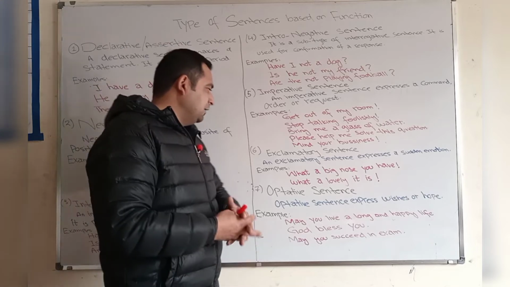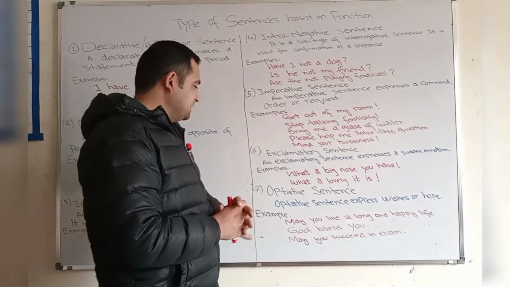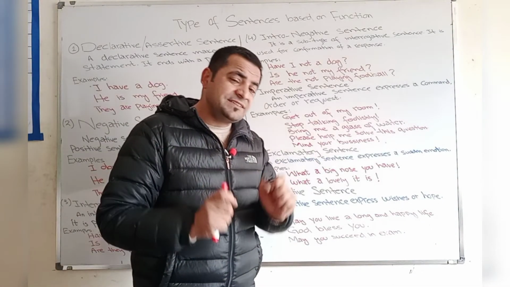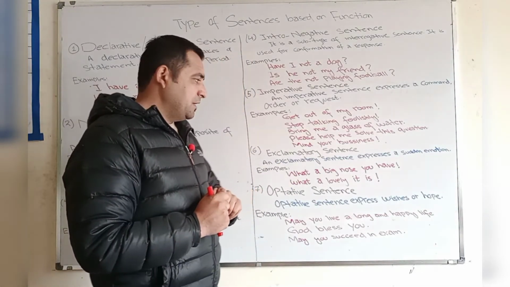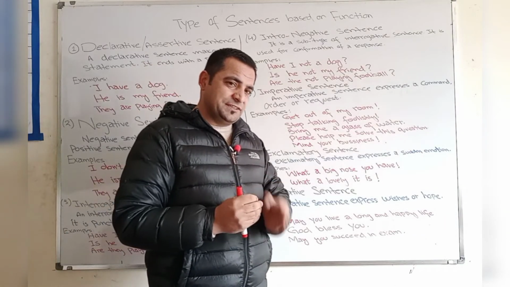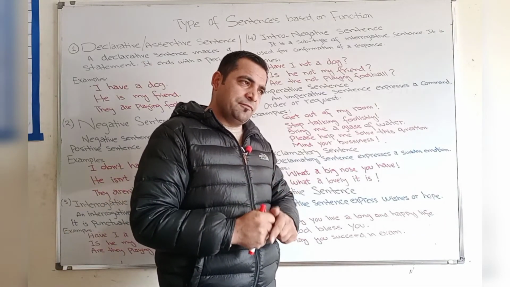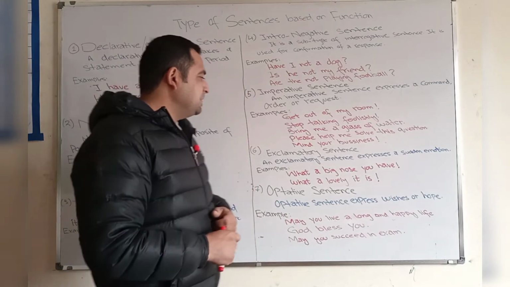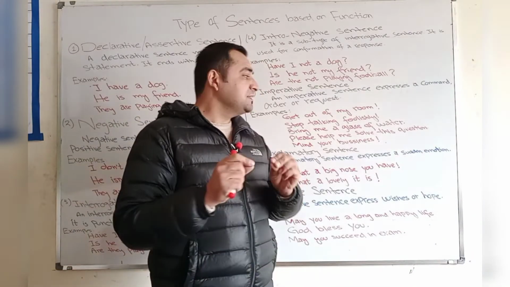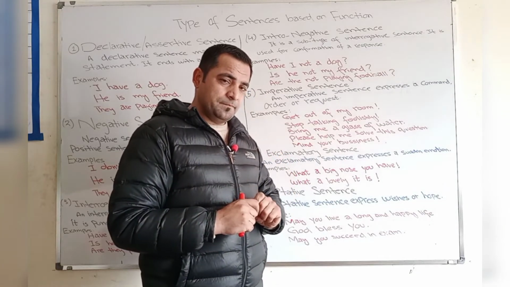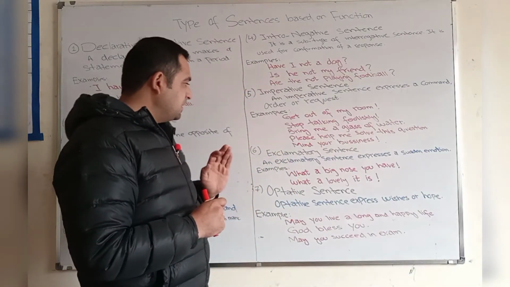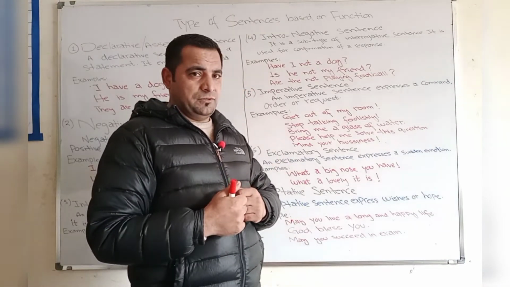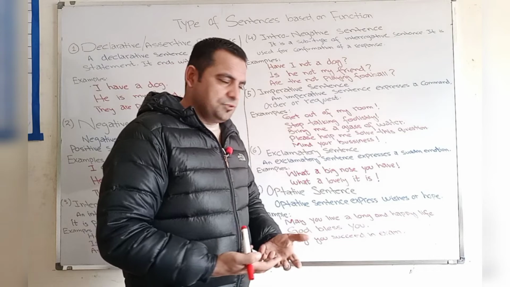Let's move to the sixth type of sentence I have listed here, the exclamatory sentence. You might remember the sign of exclamation back in punctuation. If not, let me remind you. An exclamatory sentence expresses a sudden emotion, feelings, or emotions, right?